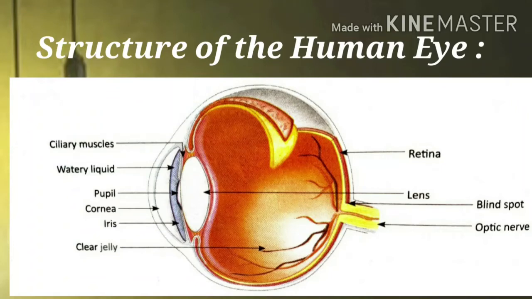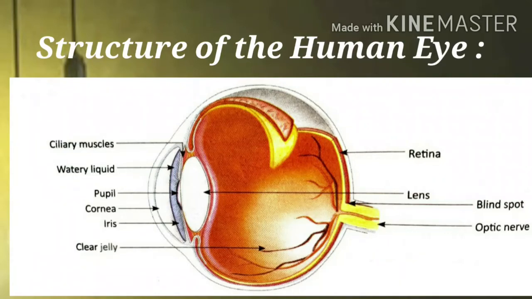The different parts are: first, ciliary muscle, watery liquid, pupil, cornea, iris, clear jelly, retina, lens, blind spot and optic nerves. So these are the different parts present in the eye. Now we will discuss all these organs one by one and the functions they are performing which able us to see the things around us.